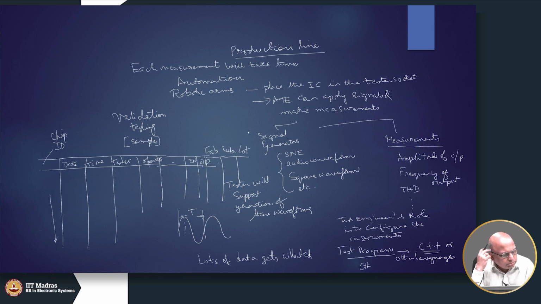Wafers are made in lots. A lot may consist of, let us say, 20 wafers or something like that. So all that information is there, and you may select from different fabs and from different lots and from different wafers and from different areas of the wafer.